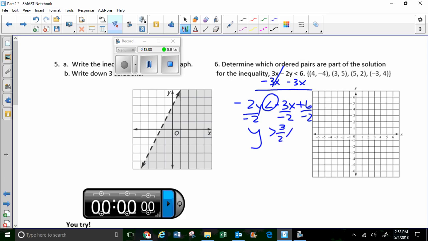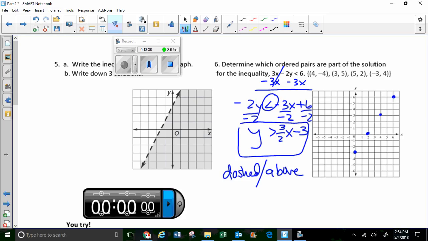Simplify each of those fractions, and you'll get y greater than 3/2 x minus 3. So that's going to be what kind of line? Very good, dashed, because there's not a line underneath. And say that symbol to yourself out loud. That says greater than. So I'm going to be shading above. So start at -3, go up 3, right 2, up 3, right 2, up 3, right 2. Draw that dashed line.